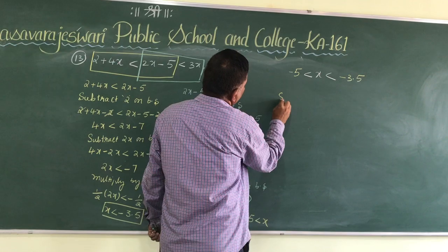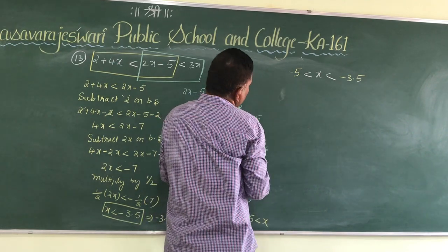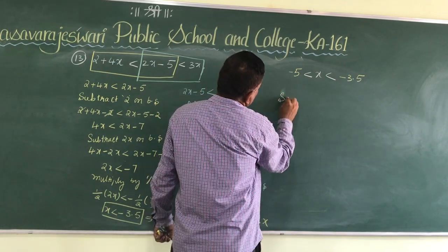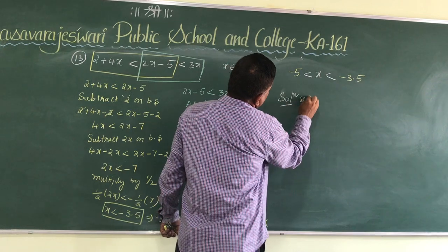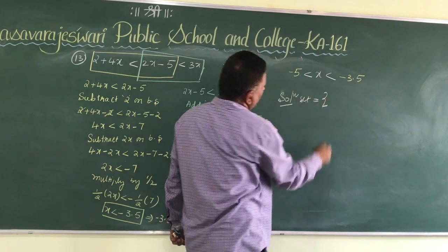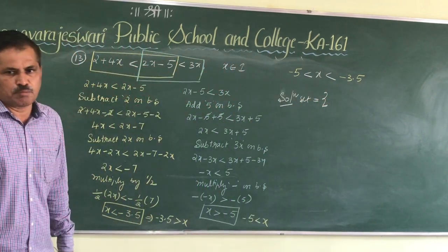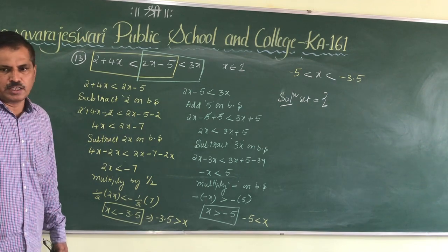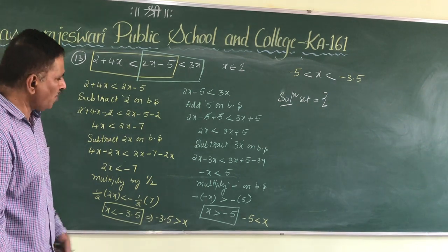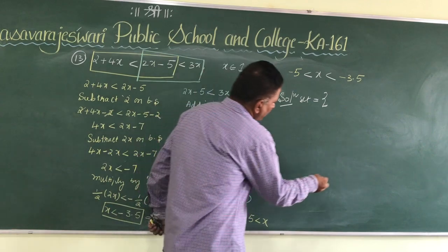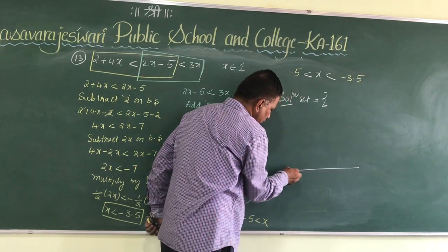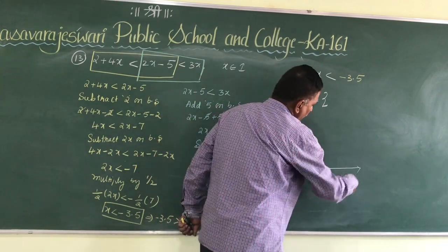So therefore the solution set means you have to write those values which are present between minus 5 and minus 3.5. See, if I draw the number line for this one, right?